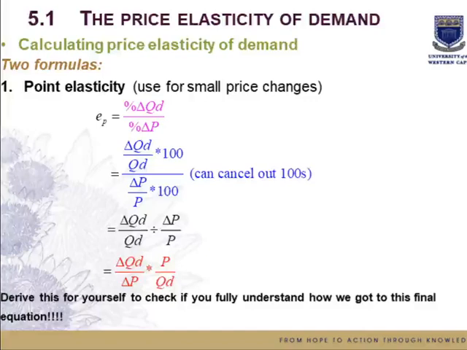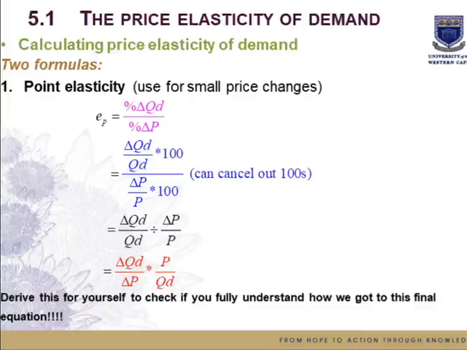Therefore, if we denote quantity demanded by QD, price of the product by P, and the change by delta, then we can simplify the elasticity formula as follows, where the price elasticity is equal to the percentage change in quantity demanded divided by the percentage change in the price.